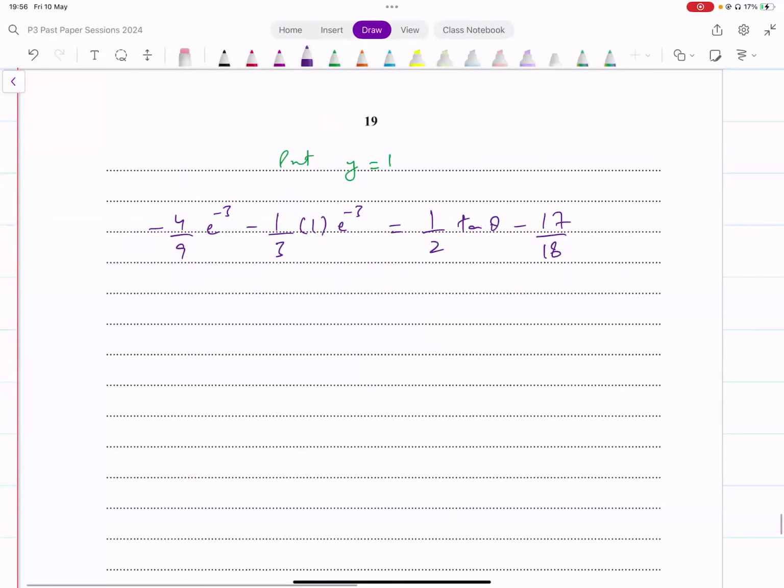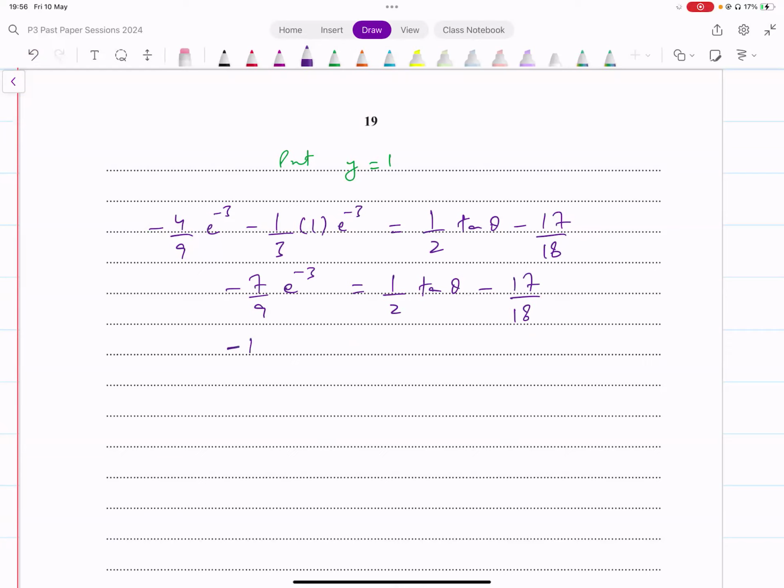Now let's simplify this. These are now similar terms. Minus 4 over 9 minus 1 over 3 is giving me minus 7 over 9 e raised to power minus 3. On the other side, we've got 1 over 2 into tan theta minus 17 over 18. Now, the LCM of the denominators is 18. I'm going to simplify everything by multiplying everything by 18.